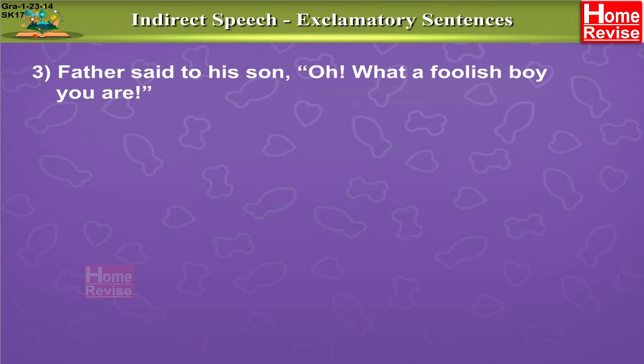Oh, I can see a clear anger, anguish in the father's tone. I have to express this anger through my sentence. So I will use the adverb angrily. Father angrily told his son, conjunction that, "What a foolish boy you are." It is an exclamation.